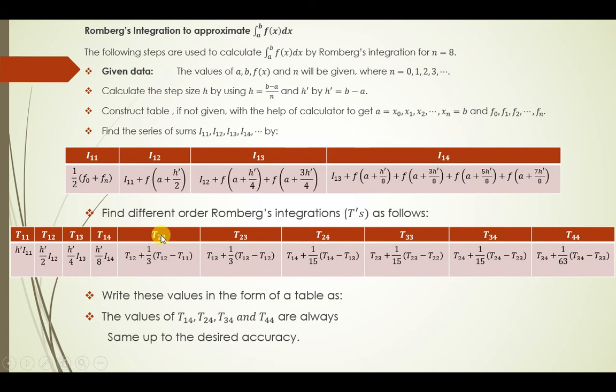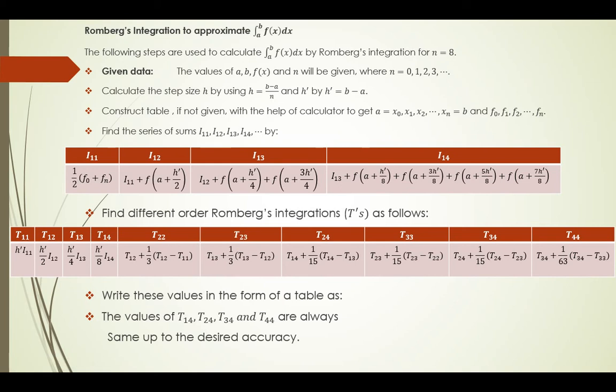So that is T22 is equal to T12 plus 1/3 times the same T12 minus T11, and 1 less than this digit 2, which is 1 1. So with the help of this formula, we will calculate T22. Now this one is T23 will be calculated. This is 2, so that will be 1 less than this suffix 2.